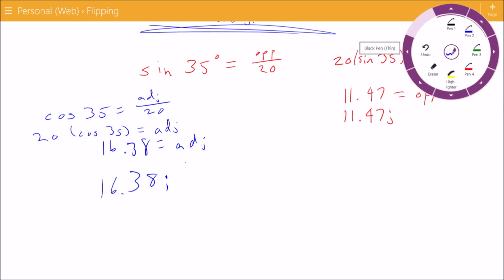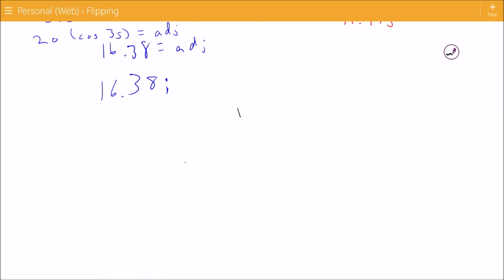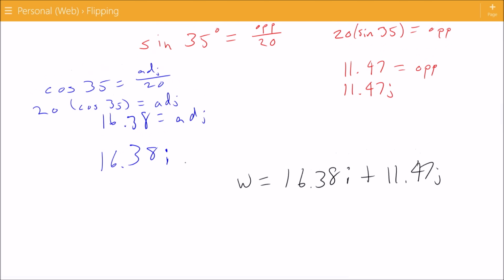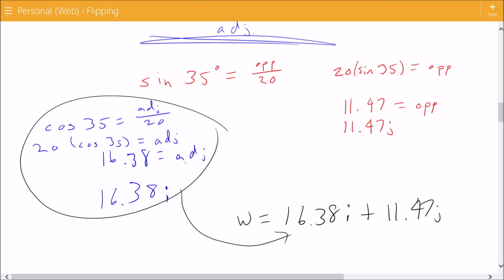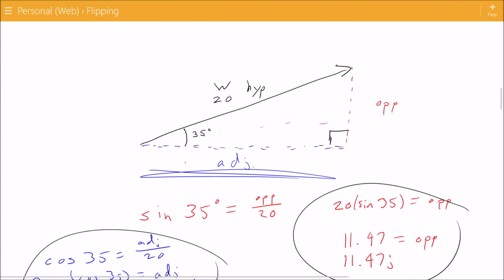So putting these together, I can say that my vector w is equal to 16.38 i plus 11.47 j. Again, the horizontal comes from the cosine, and the vertical comes from the sine, because you've got a right triangle.